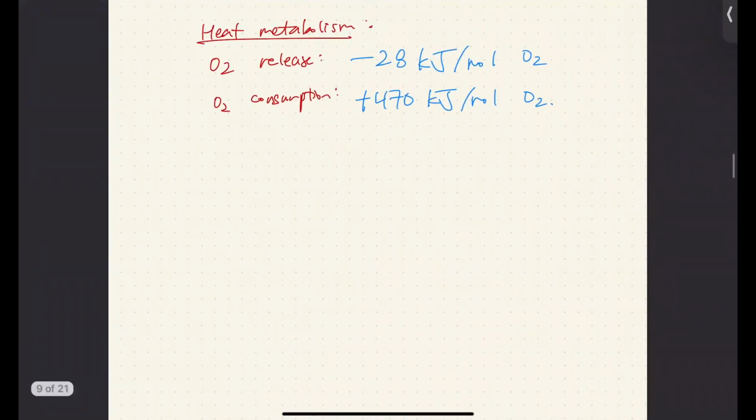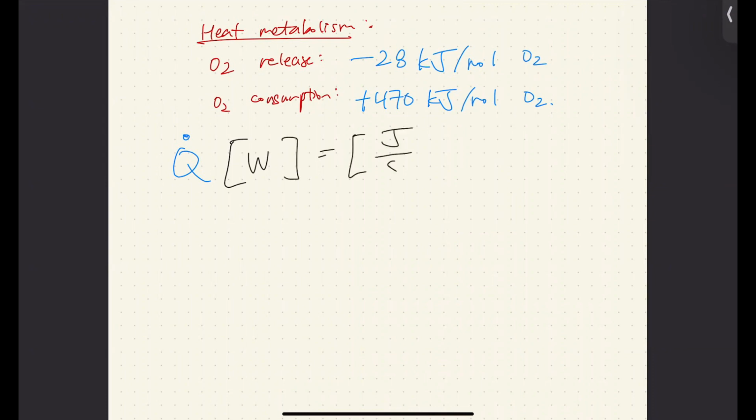What is Q? Q is heat flow. And what is its units? Q, we know heat flow is in watts, or also, as we know, joules per second, right? So if it's in joules per second and we have a kilojoules per mole expression, we need to know what? Remember, that dot means it's a rate.